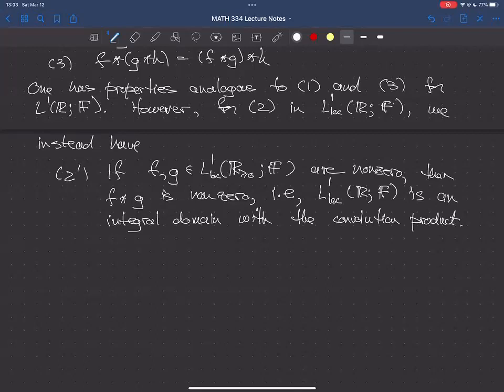So this rests on what's known as the Titchmarsh convolution theorem.